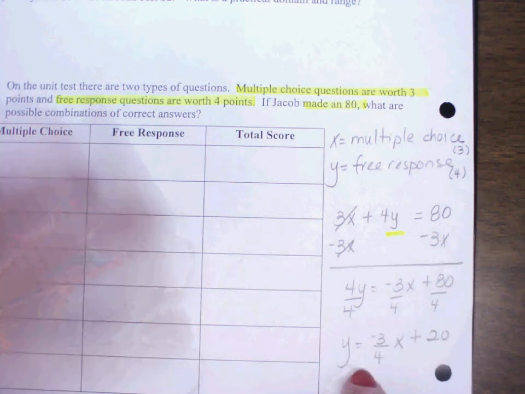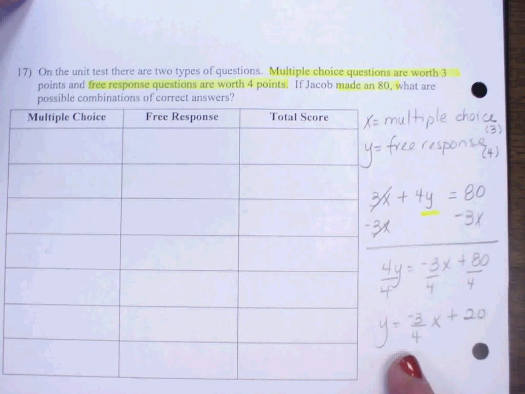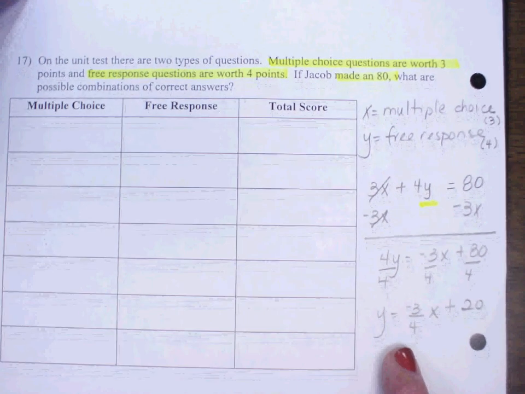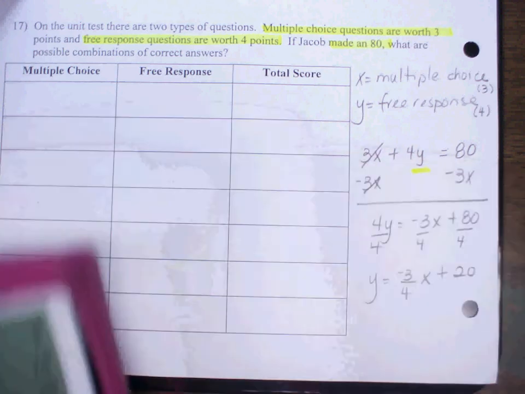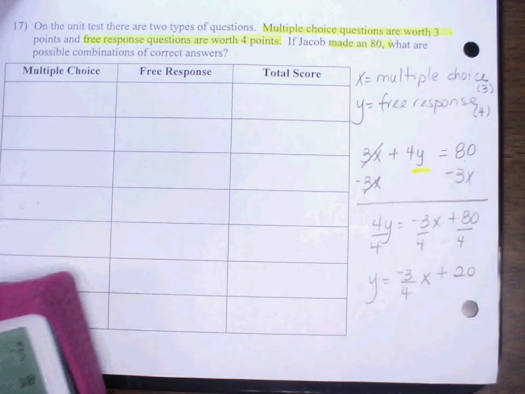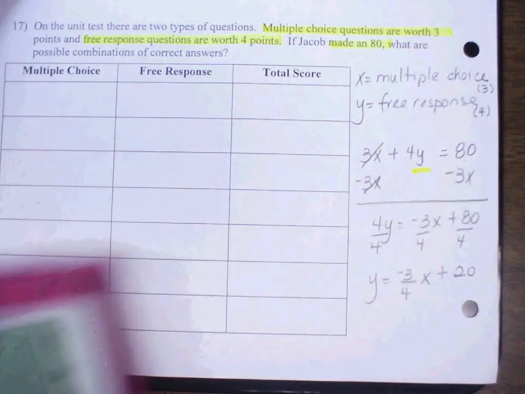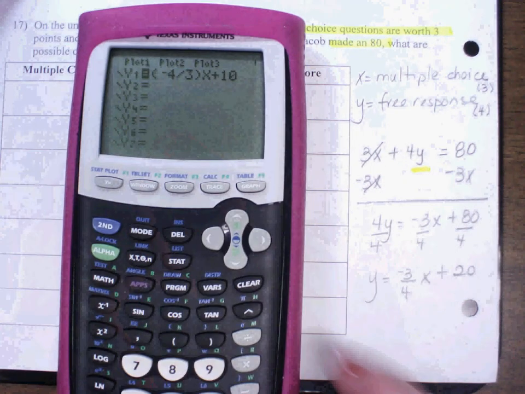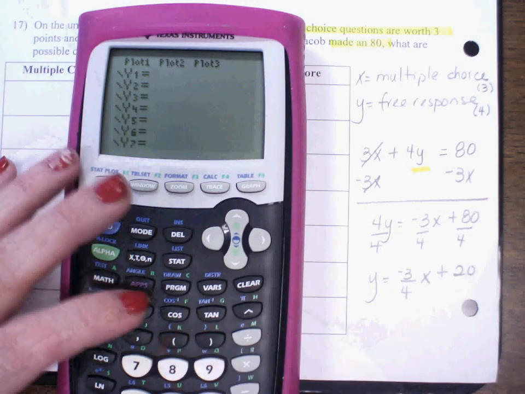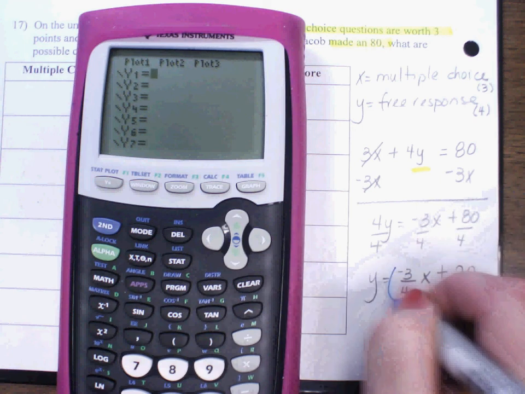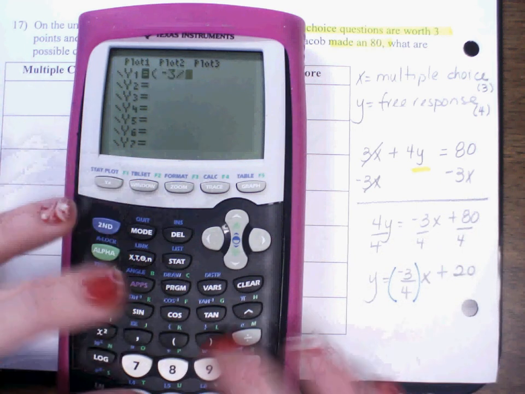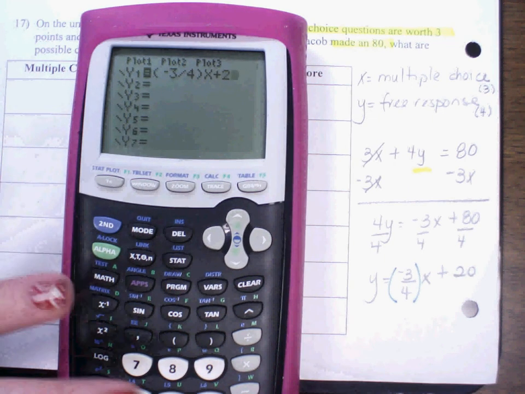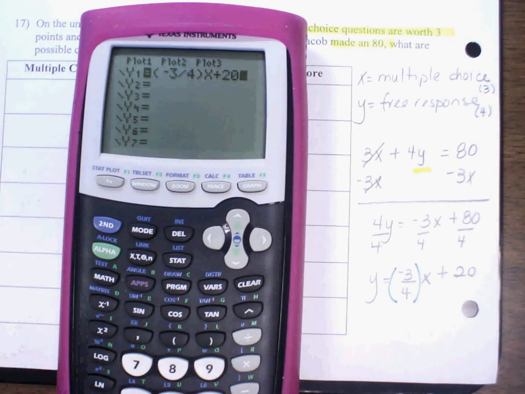All right, so let's go ahead and put this on Y equal to. Can you tell I'm tired? All right, and we got to put parentheses around the fraction. Second table.